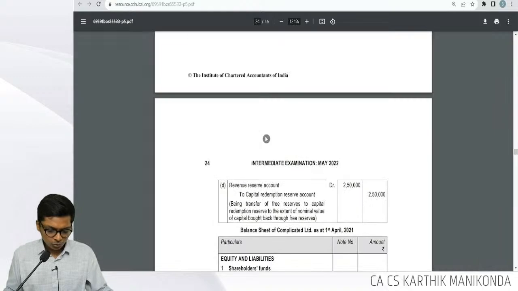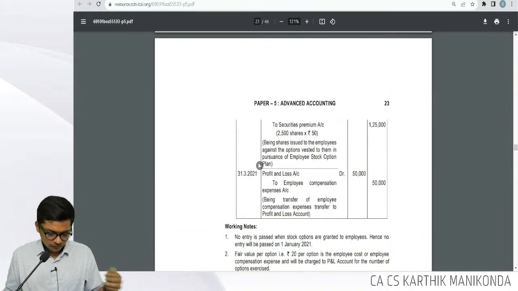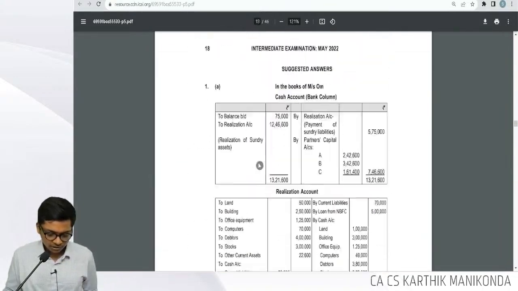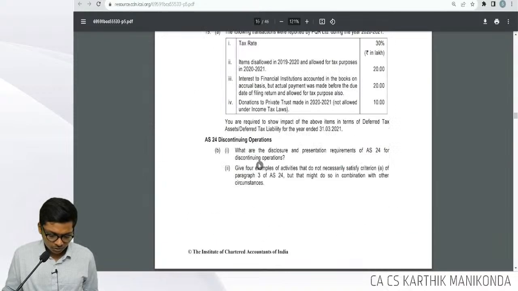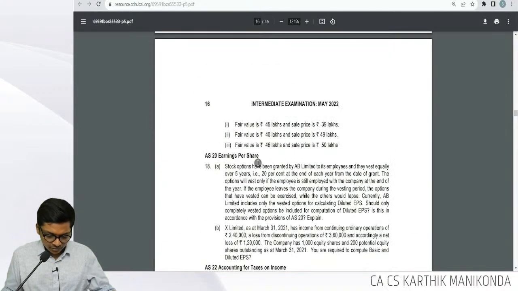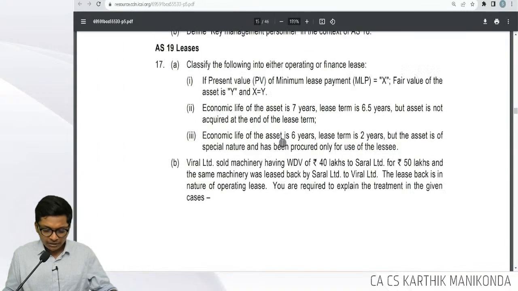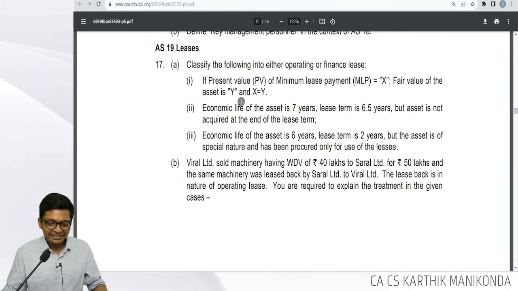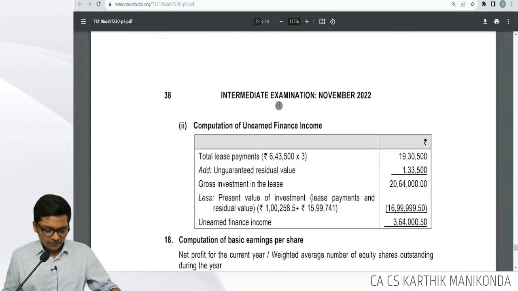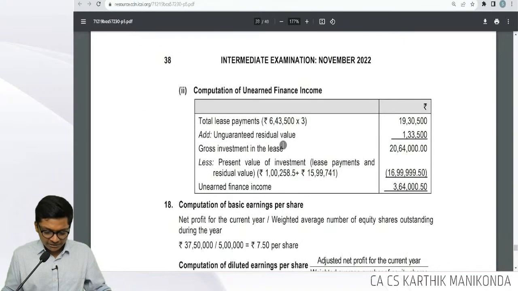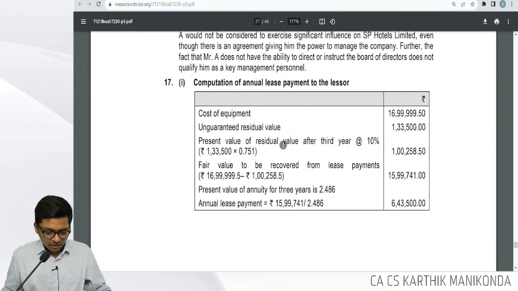So if I can go back to our questions. AS 19, this is about sale and lease back and what is finance lease and operating lease. Easy one. Have a look at that. Let me do this sum: computation of unearned finance income.